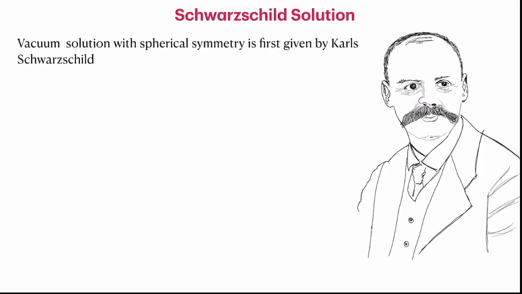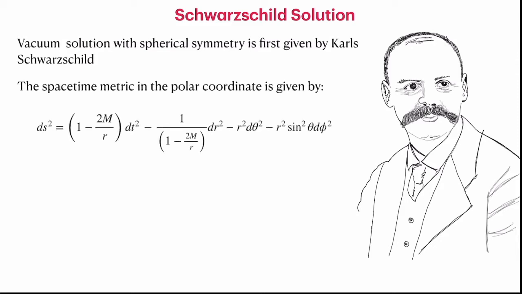Schwarzschild solution. This is the first non-trivial exact solution to Einstein's equation with spherical symmetry. The solution was given by Karl Schwarzschild, and the space-time metric in the polar coordinates is given by ds² = (1 − 2m/r) dt² − 1/(1 − 2m/r) dr² − r² dθ² − r² sin²θ dφ².